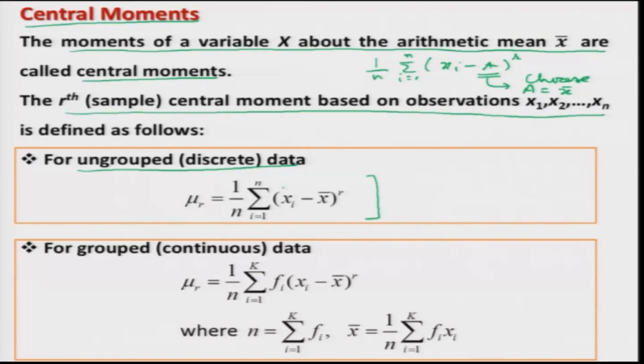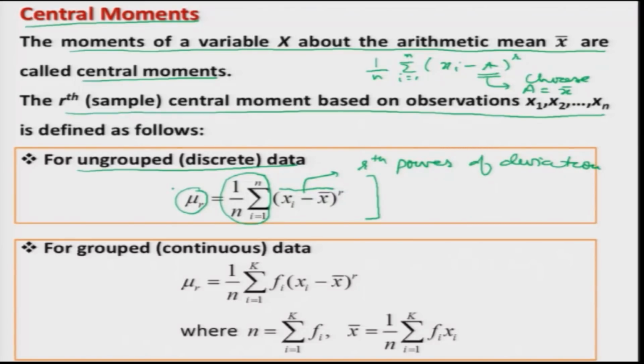This quantity is nothing but the rth power of deviations, and the arithmetic mean of this rth power of deviations has been taken. This quantity is defined as mu r. There is no prime in this case.